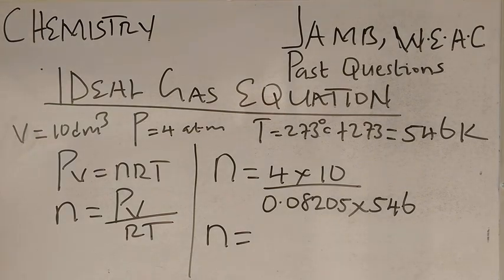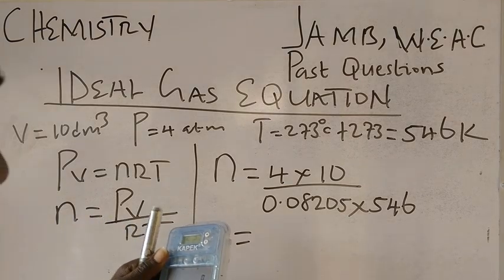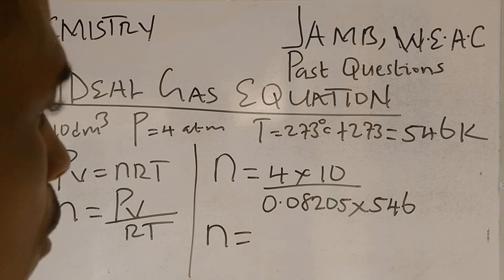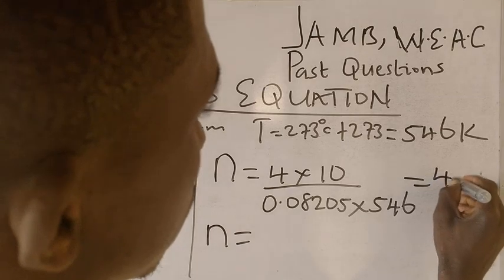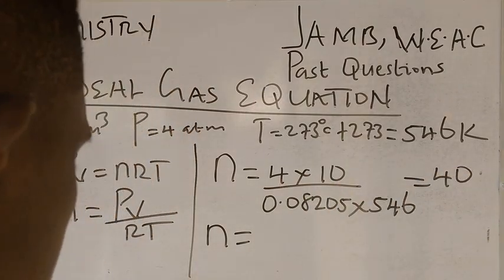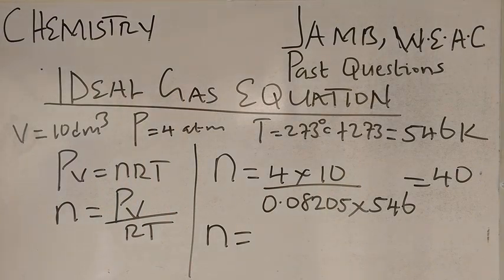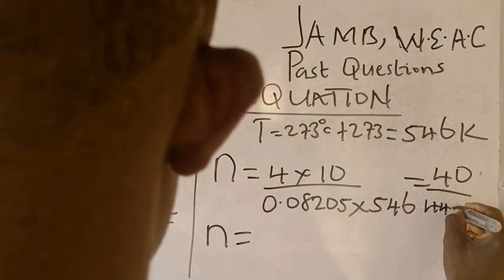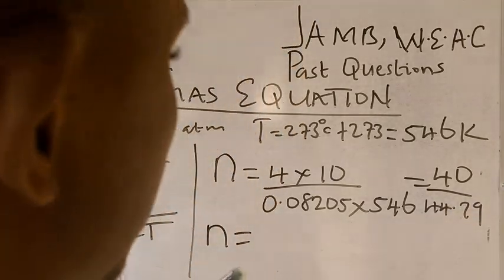Let's calculate. 4 times 10 is 40. Then 0.08205 times 546 is 44.79.